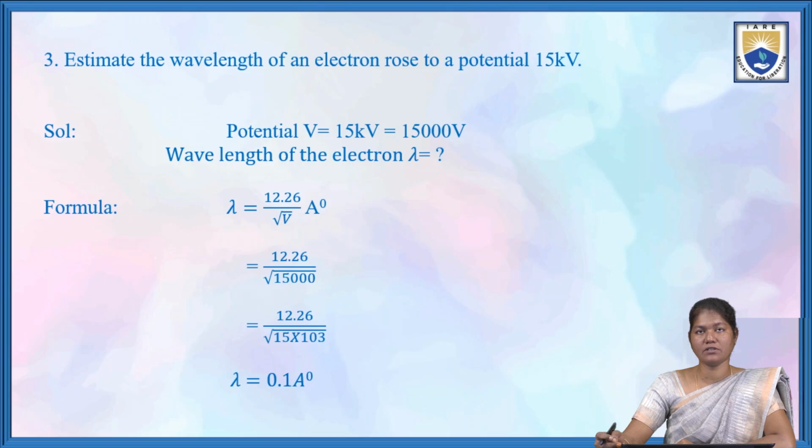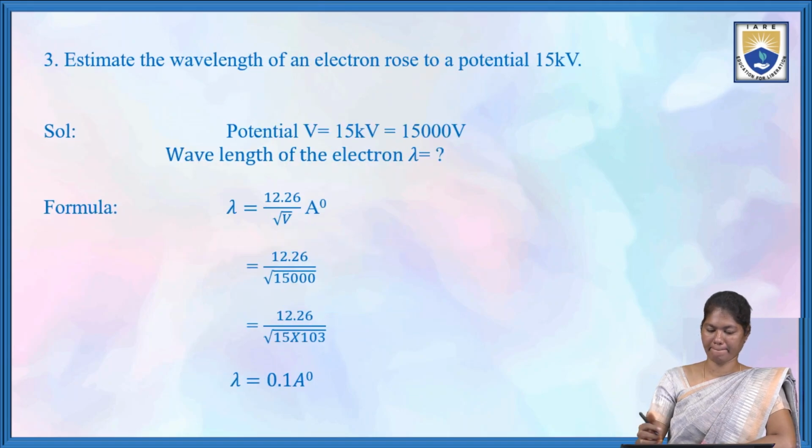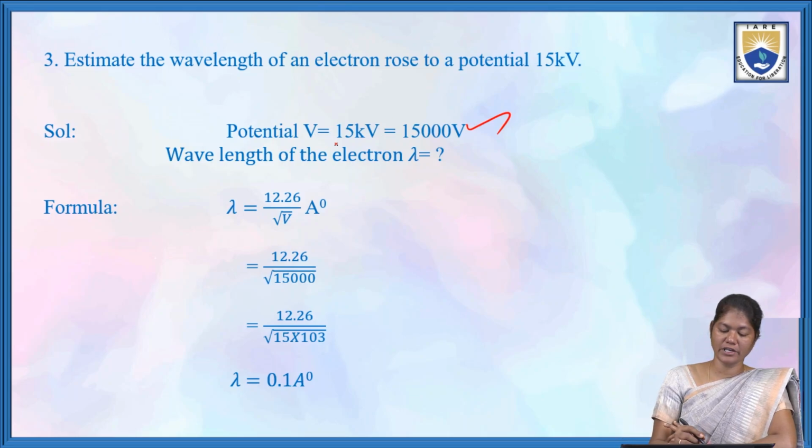Estimate the wavelength of an electron accelerated through a potential of 15 kilovolts. So the electron potential V is equal to 15 kilovolts. Kilo means 1000, so 15,000 volts. And the wavelength of the electron, lambda, we have to find.